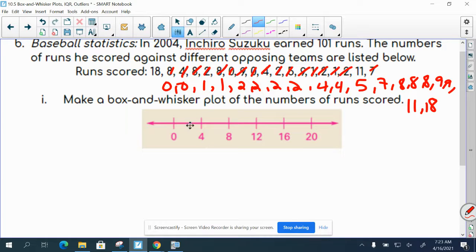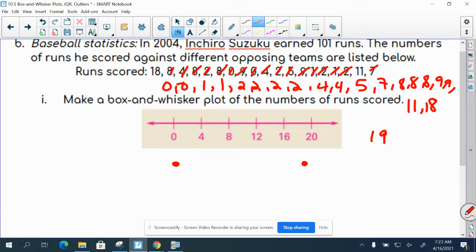So let's find out. First of all, 0 and 18 are going to be our whiskers here. Let's find the median. How many numbers do we have? 1, 2, 3, up to 19.